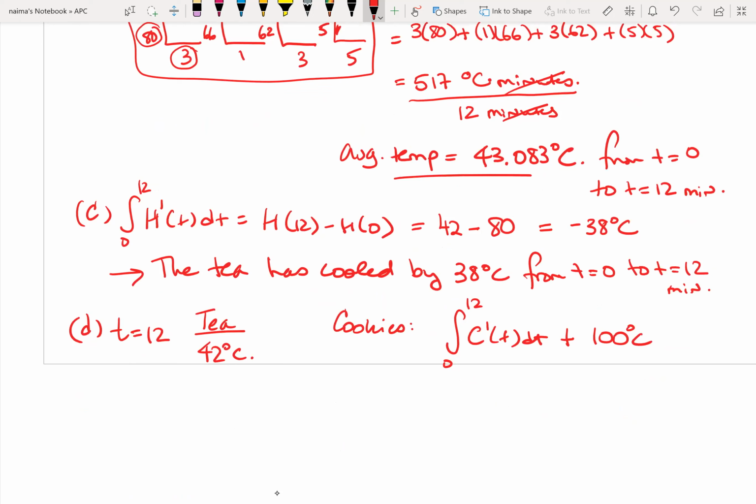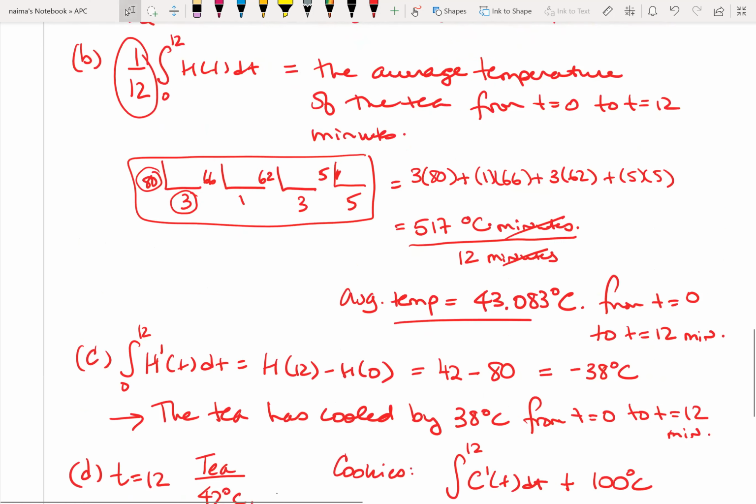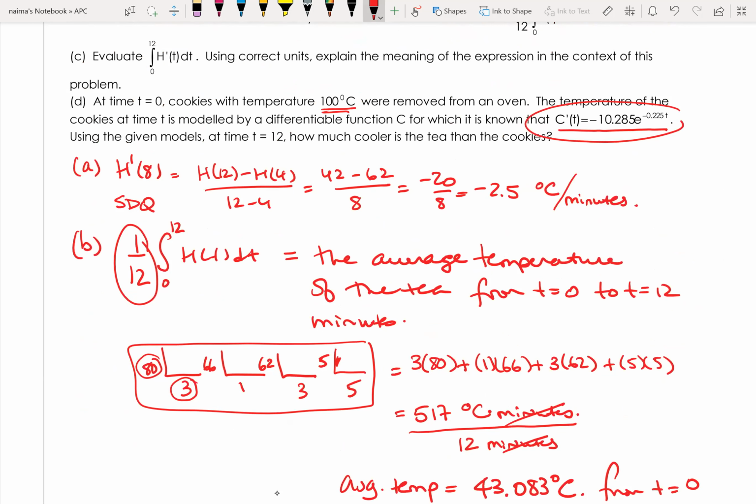Anyway, I'm not going to actually write out the equation. I'm just going to put that equation in my calculator and integrate it. So be really careful when you enter it into the calculator. We've got negative 10.285 e to the power of negative 0.225t, where t is an x for me.